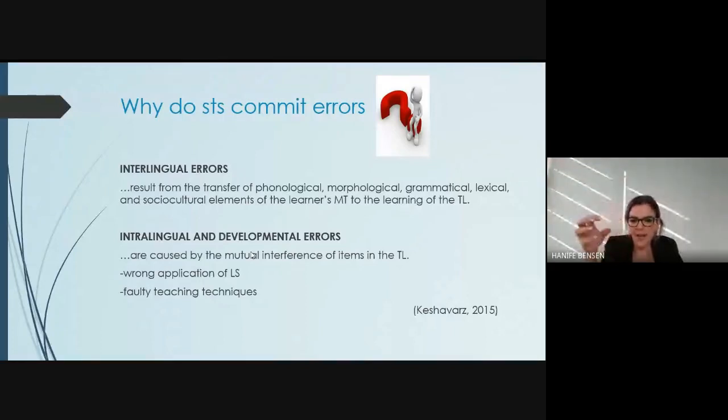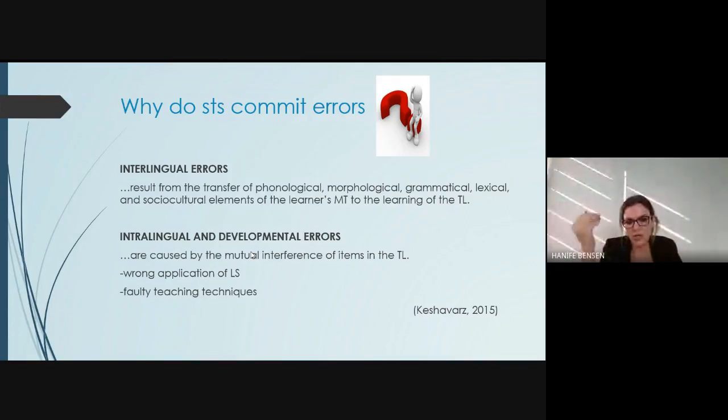We transfer the phonological, morphological, grammatical, lexical, and sociocultural elements of our first language to our second language, and this is why we commit errors. Proponents of contrastive analysis, for example, highlighted this as a source of students' errors. However, this is not the only source of students' errors.